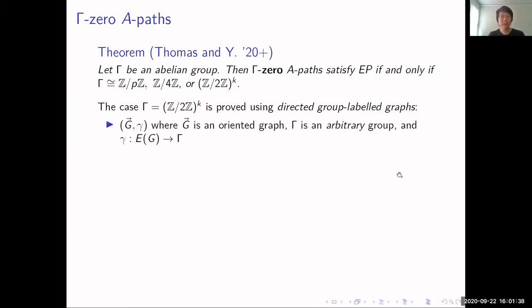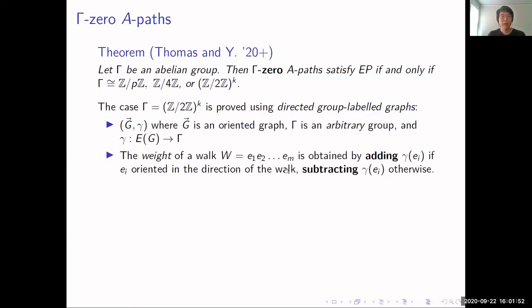So in the directed model of group labeling, you orient your graph, and the rest is the same. For each edge you put a label in the group. But now when you calculate the weight of a walk with a sequence of edges, you add the label of the edge if the edge is oriented in the same direction as the walk, and you subtract it if it's in the opposite direction.